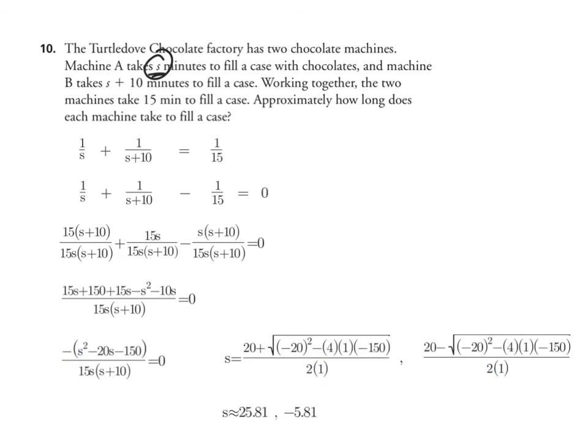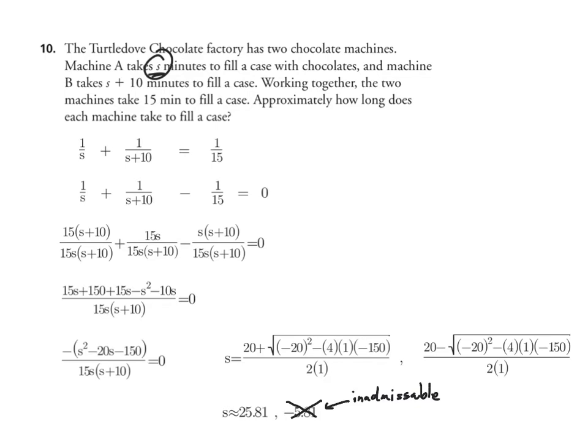And using our calculator, we see that S can be 25.81 or -5.81. Well, -5.81 says that machine A takes -5.81 minutes to fill a case with chocolates. That does not make sense in our context, so we will say that is inadmissible.